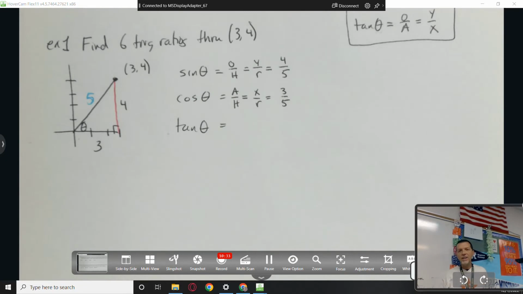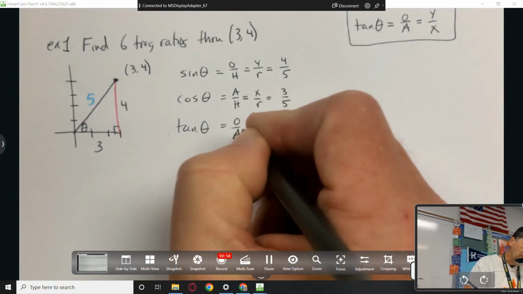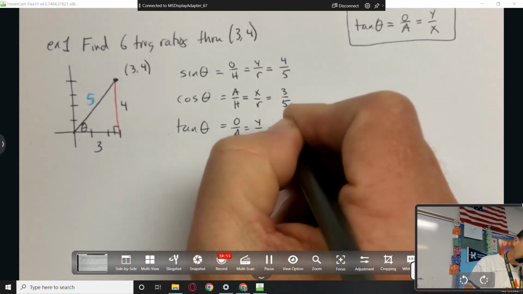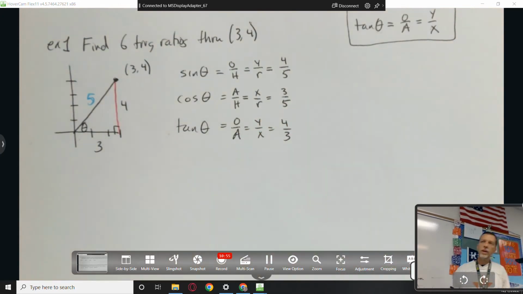So cosine, which is x over r, which is 3 over 5. How about the tangent of that angle? 4 over 3. Because tangent is opposite over adjacent, which is y over x, which is 4 over 3.